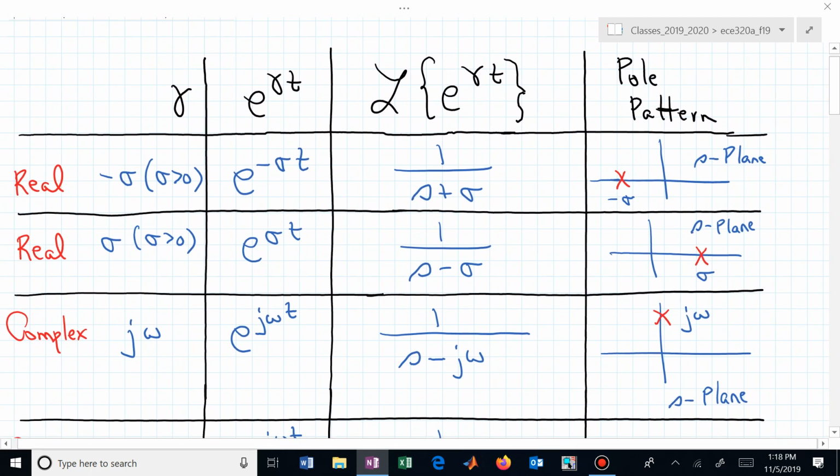We have this table, and we're going to use this to actually derive or convince us of the Laplace transforms of sine and cosine. Because we can build sine and cosine from complex exponentials. And I'll make these notes available to you, but you also learn by writing down.